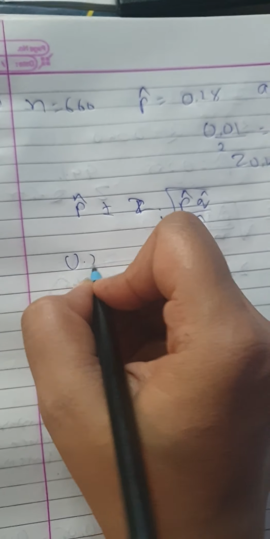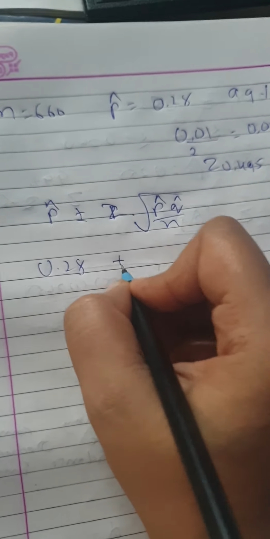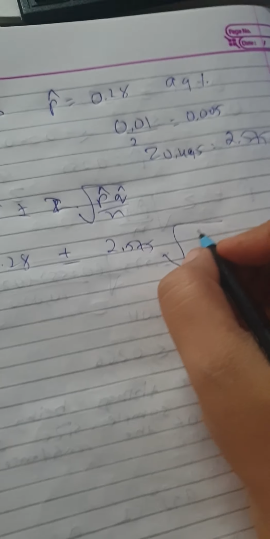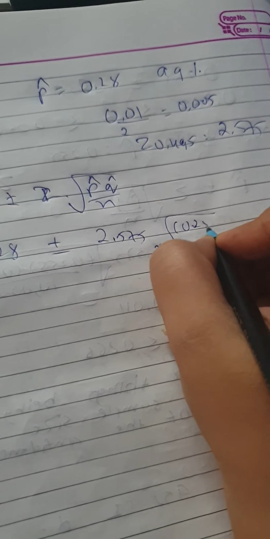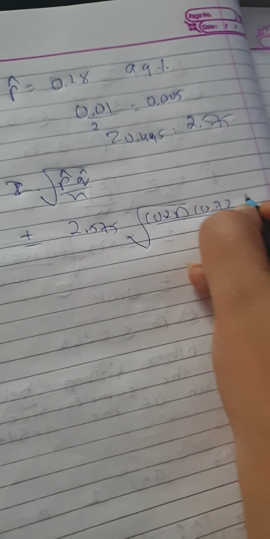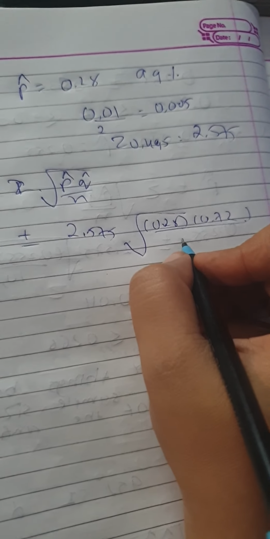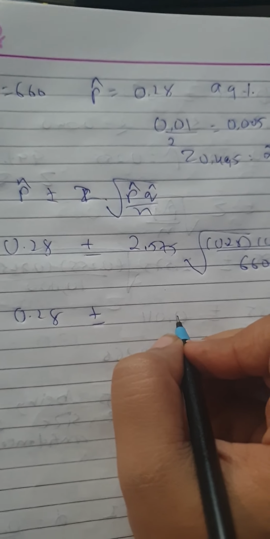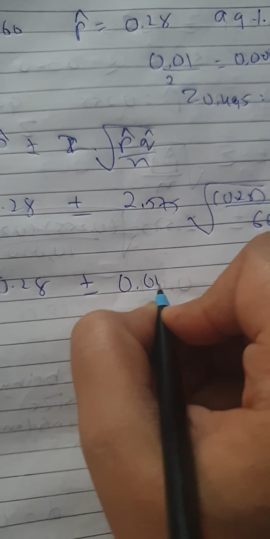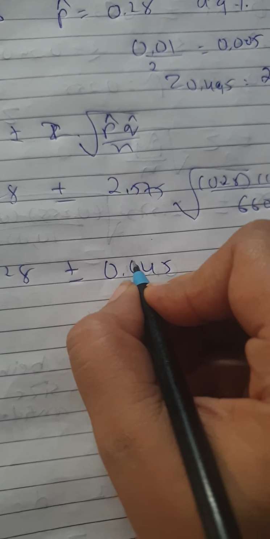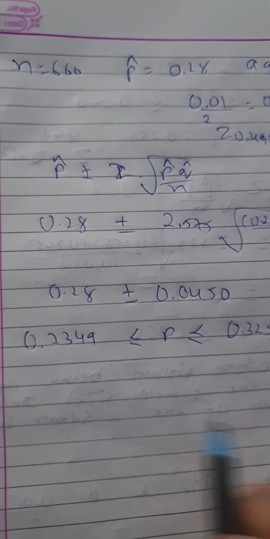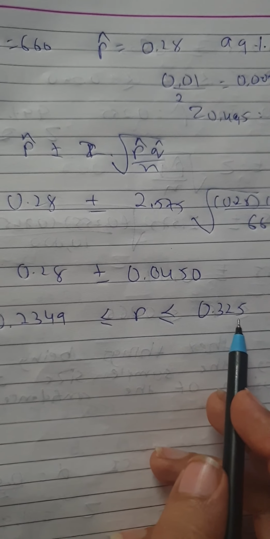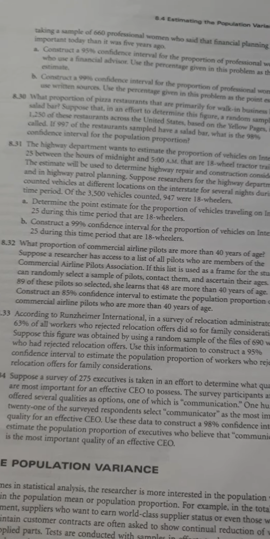Your p cap is 0.28 plus or minus the z value 2.575. P cap is 0.28, 0.72 is your q cap upon 660. So 0.28 plus or minus 0.0450, so your answer will be 0.235 to 0.325.